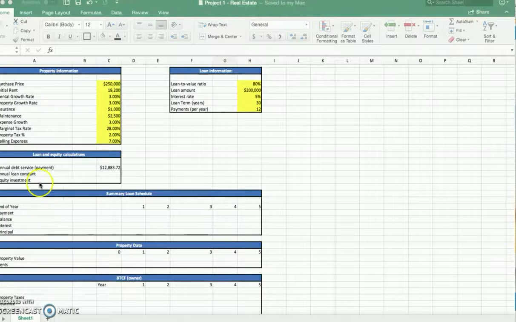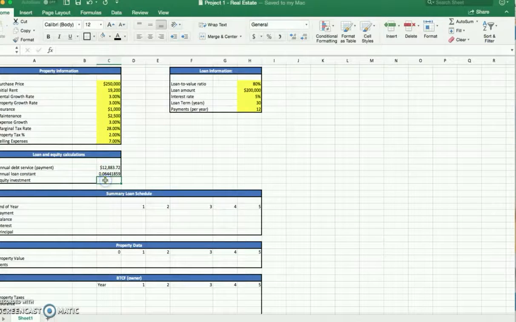Alright, so in this part I'm going to calculate the annual loan constant, which is going to be the annual debt service payment divided by the loan amount. It's going to be that percentage.